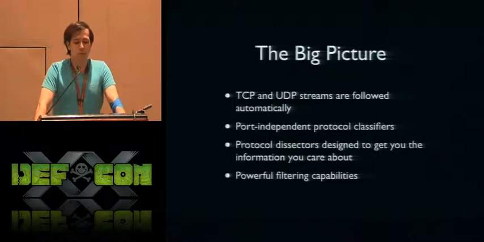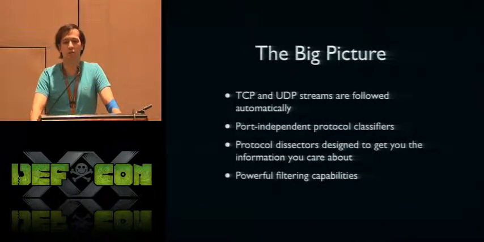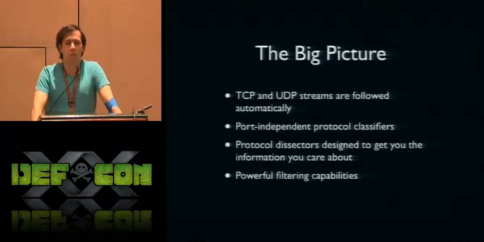The big picture is that DivaShark will do the same sort of traffic analysis or capture that DivaShark does. You can load in from a PCAP, you can do live capture from a card if it's in promiscuous mode. And it automatically tries to follow TCP streams and UDP streams even as they come in and group them together into individual streams.